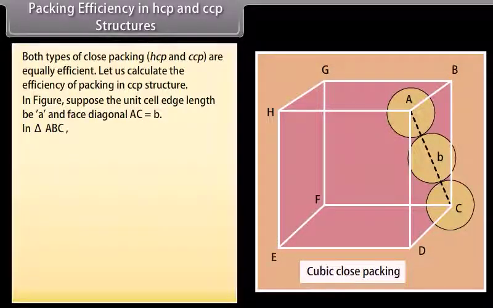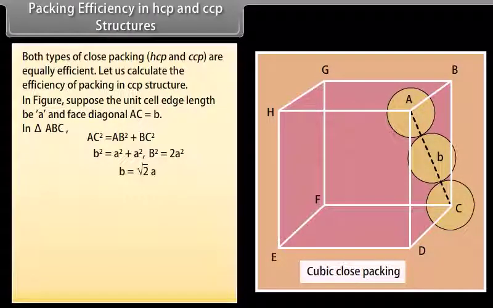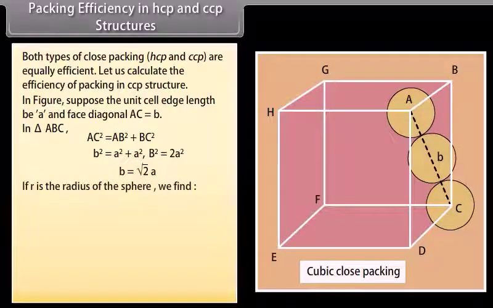In triangle ABC, AC square is equal to AB square plus BC square, or b square, which is equal to a square plus a square, or b square, which is equal to 2a square, or b is equal to square root 2 a. If r is the radius of the sphere, we find b is equal to 4r, which equals square root 2 a, or a is equal to 4r upon square root 2, which is equal to 2 into square root 2 r.